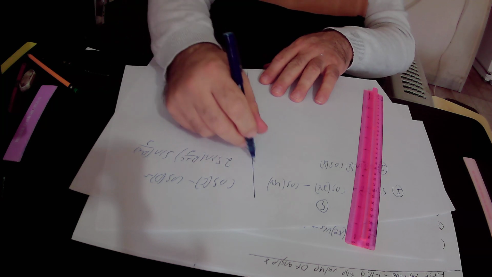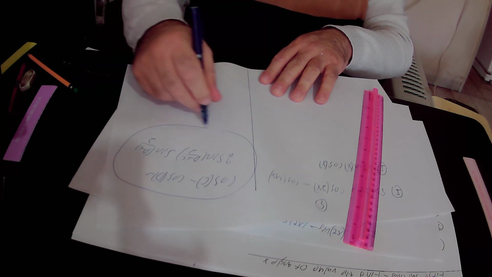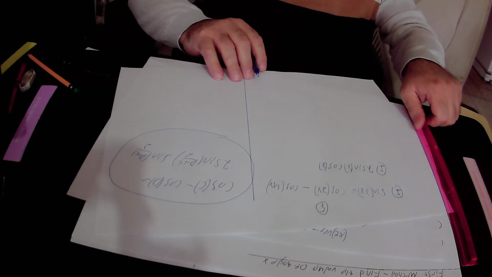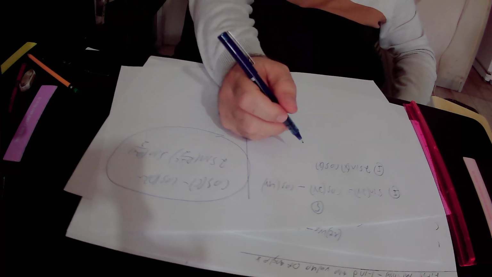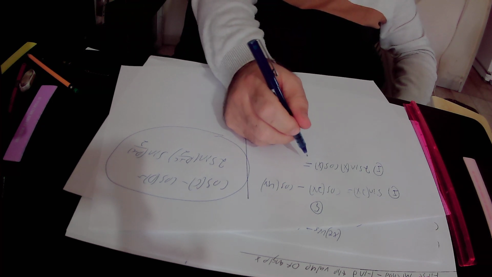So we will use this trigonometric identity in order to find out the value of cosine 2x minus cosine 4x.